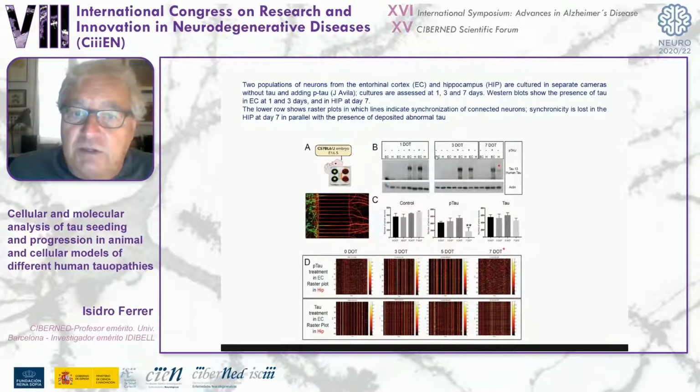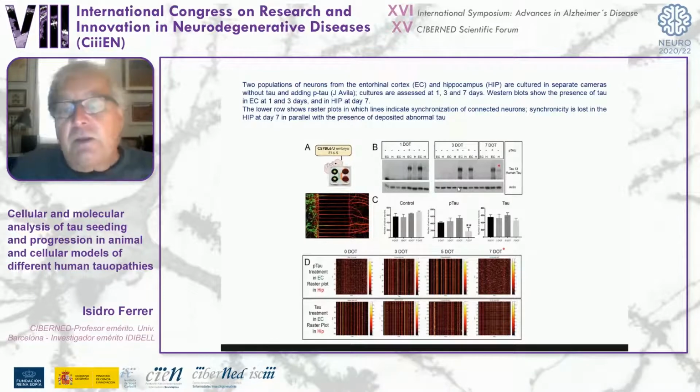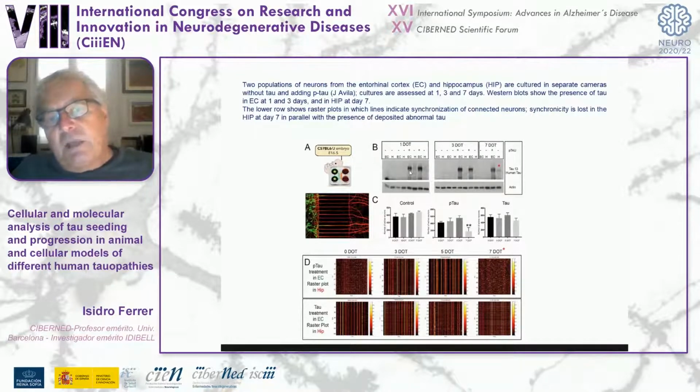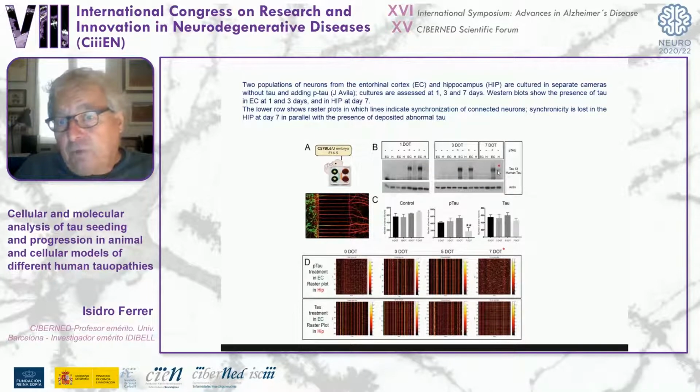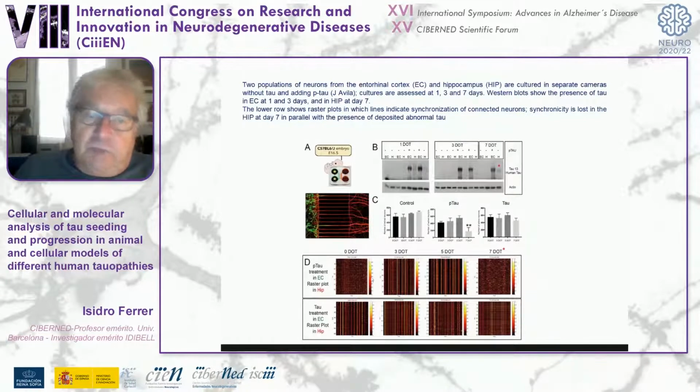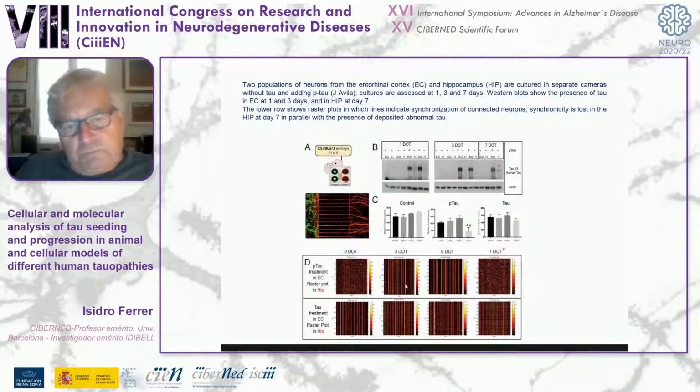Then here in these small sketches and these Western blots, we can see that at the very beginning, tau is located in the entorhinal cortex, but then, following some days, at the 7th day, we can see that tau is also located in this part. The other one is a bit more difficult feature, because it tries to demonstrate the kind of synchronicity between the different populations of cells.